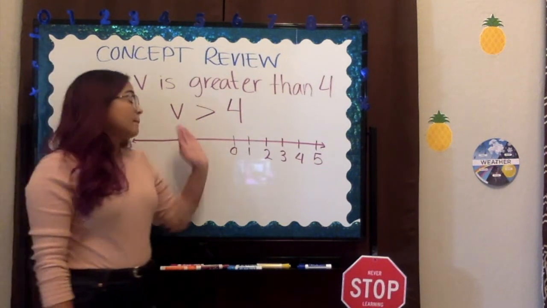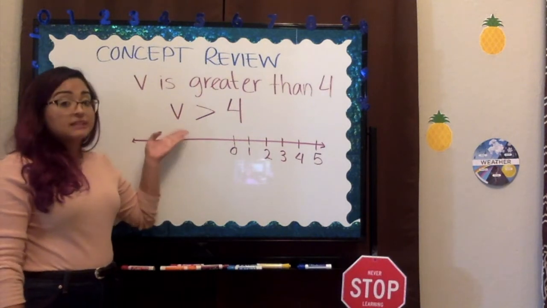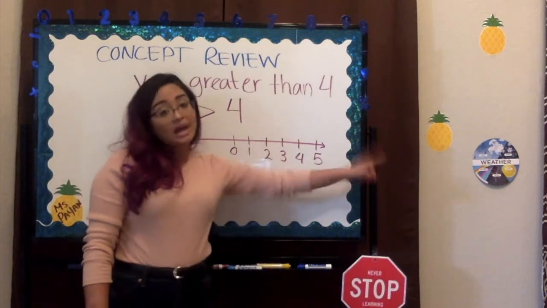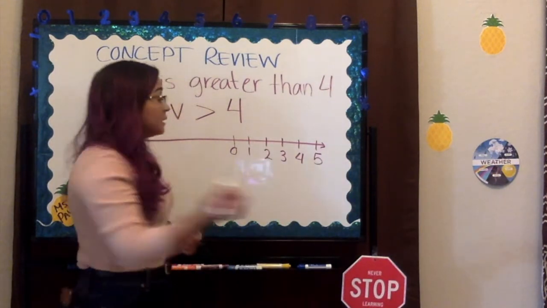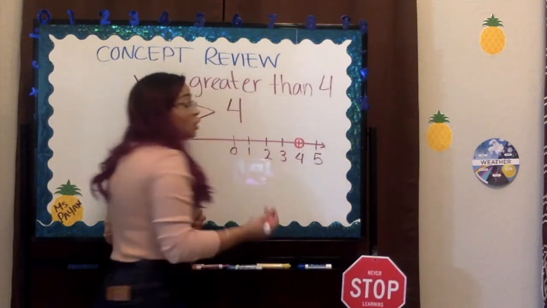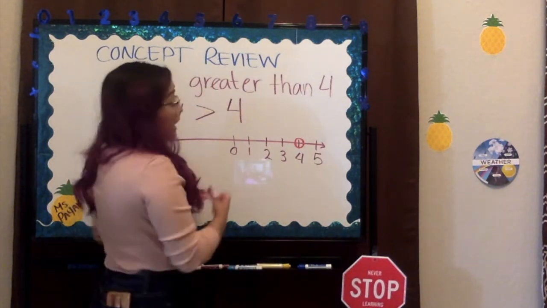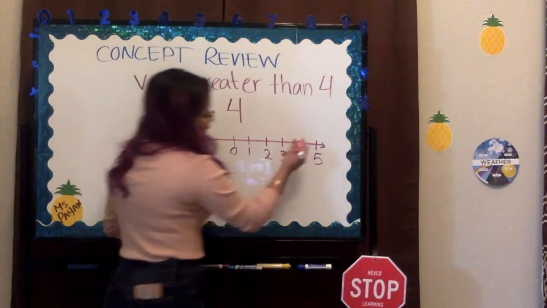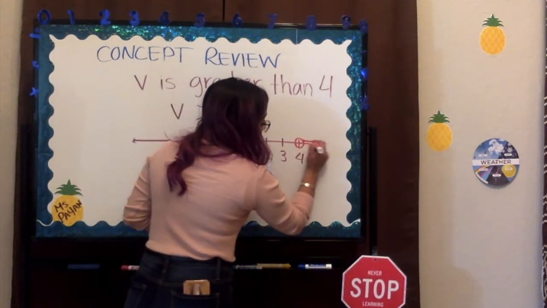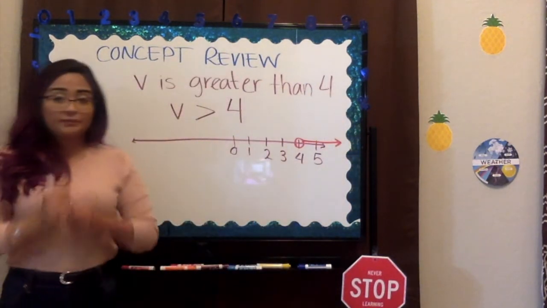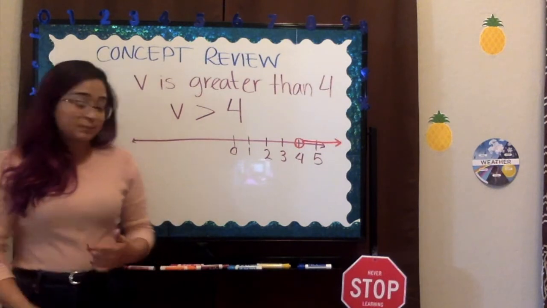So we know that whatever b is, it's bigger than 4. So it's going to go that way, okay? So what we're going to do is we're going to mark it with an open circle. Remember, it's open because it's not greater than or equal to, it's just greater than. And we draw a line going this way because we know the number is bigger.